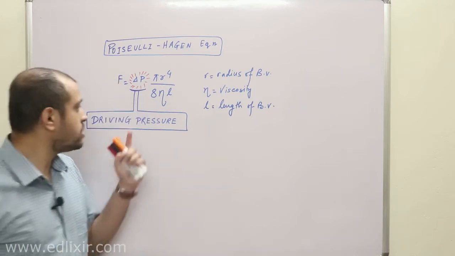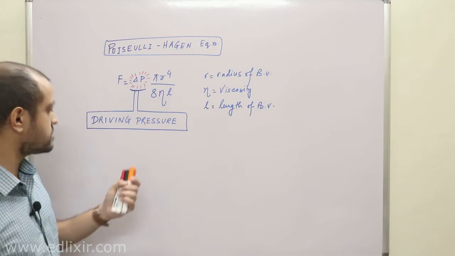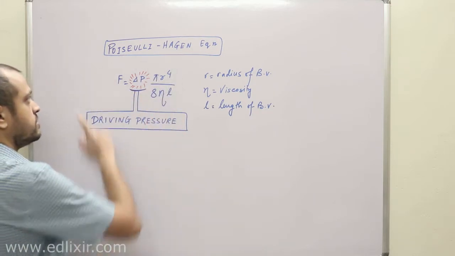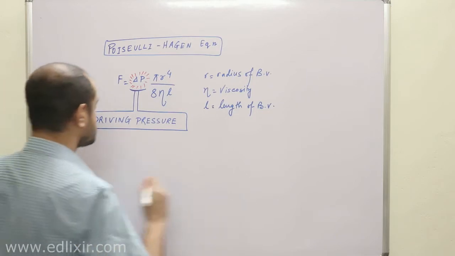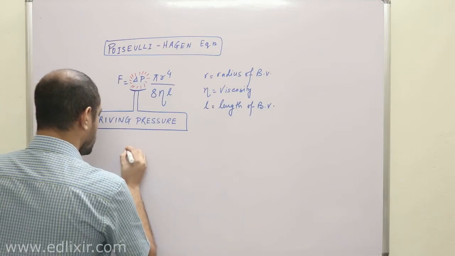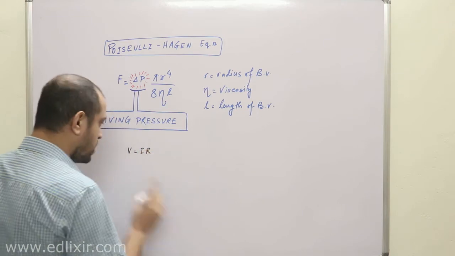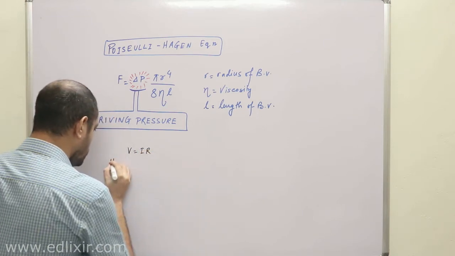Now a very interesting point you need to understand is hidden in this particular equation. Now listen, what was Ohm's law? V equal to IR, right? What was hemodynamic Ohm's law?